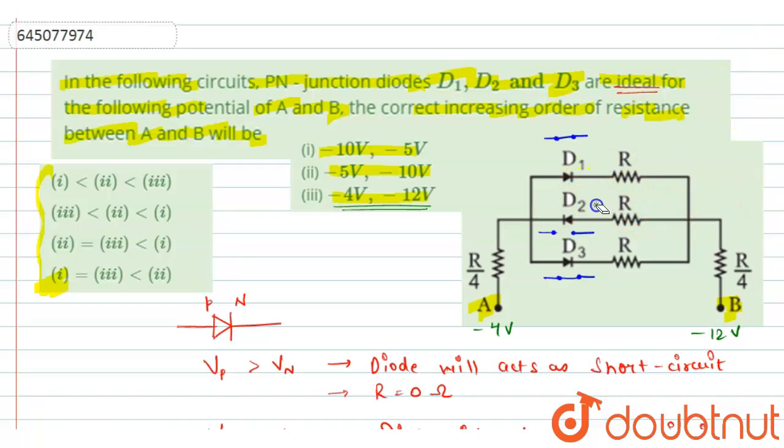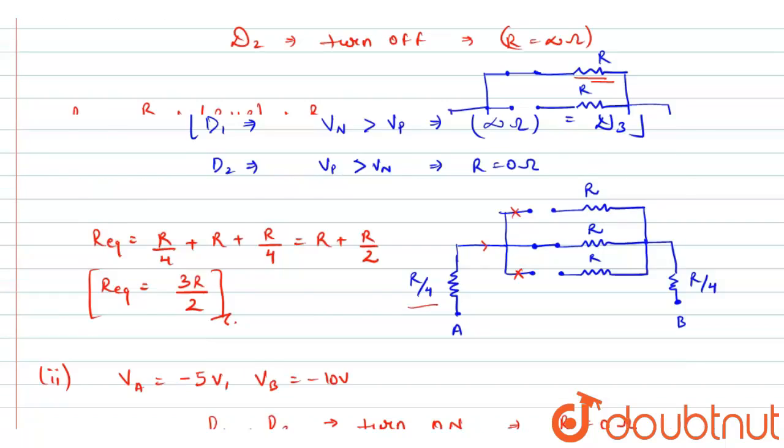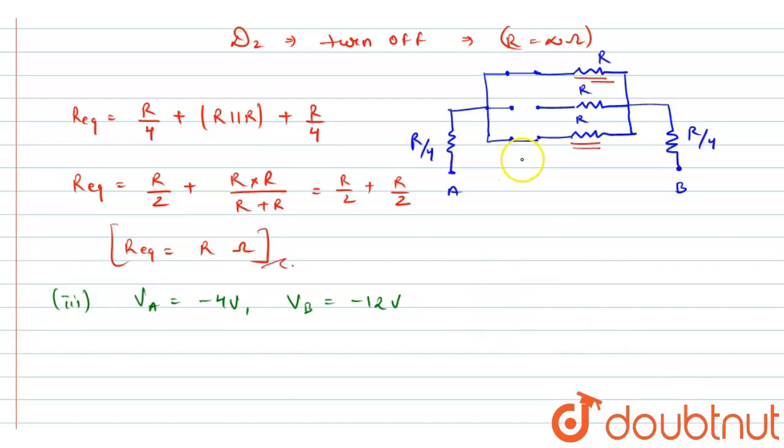Because in this case also, for D1 VP is greater than VN, so it will be short circuited. For D2 the VN voltage is greater than VP, so it will be open circuited. And for D3 we have VP greater than VN, so it will be short circuited again.